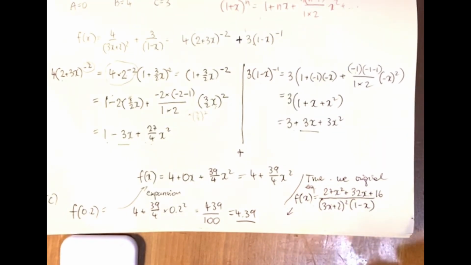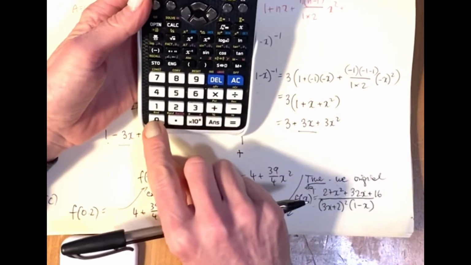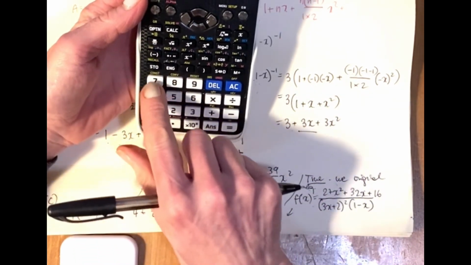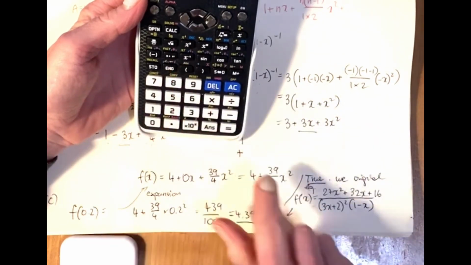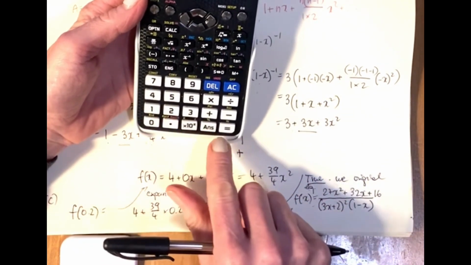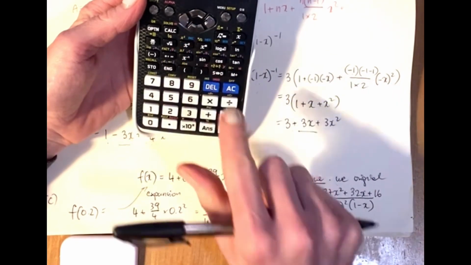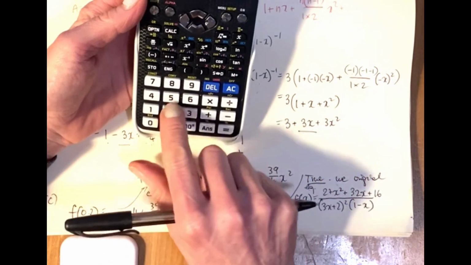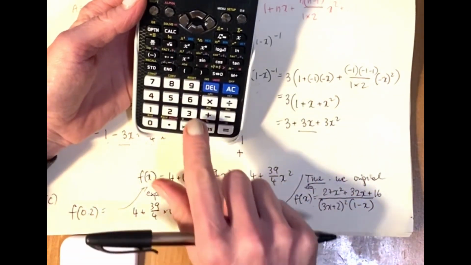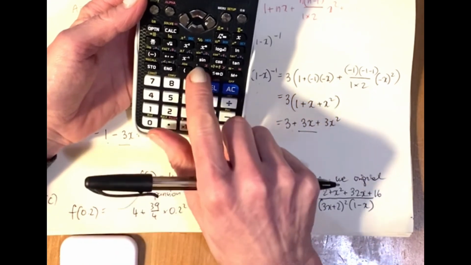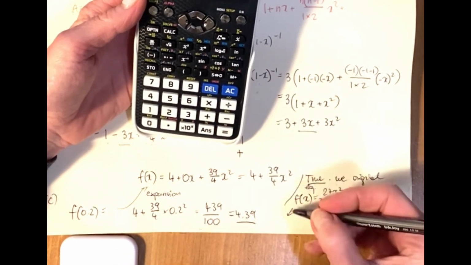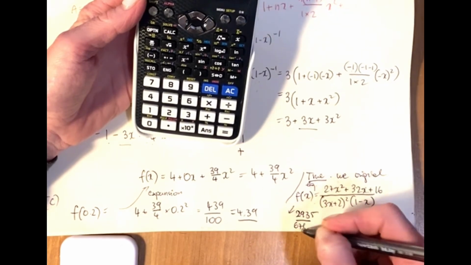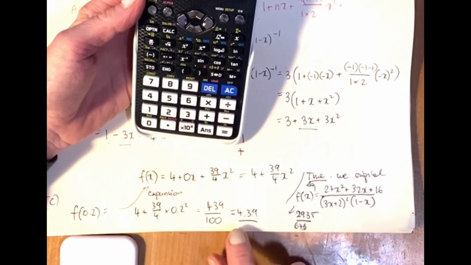Substituting 0.2 gives 27 ans squared plus 32 ans plus 16 over (3 ans plus 2) all squared, then 1 minus ans. That gives me 2935 over 676.